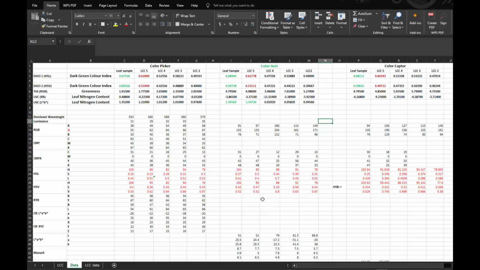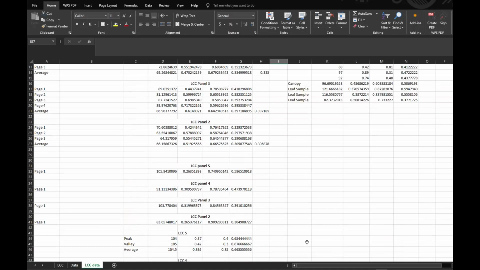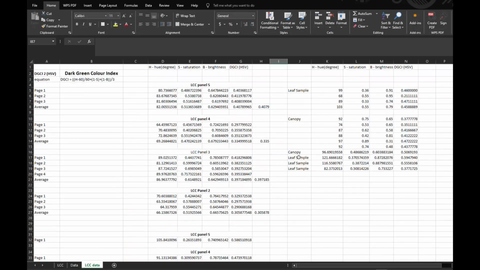So the other thing that I'm looking for next is canopy color. I took a picture and then extracted data from that picture. I mean, it's a hodgepodge of rice plants, and I then look at the canopy color, and it gives me a value similar to a leaf sample.